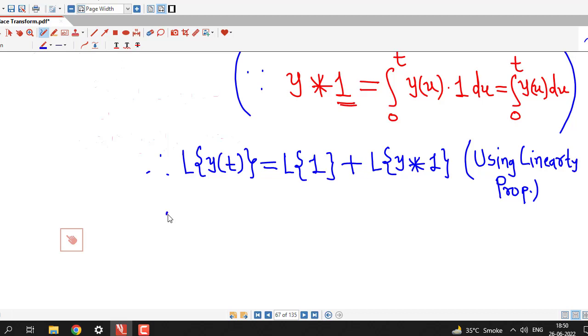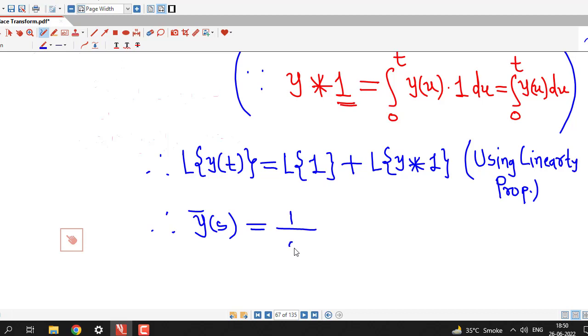And we denote Laplace transform of y by y bar s, because y is unknown function which we want to determine. We don't know what is y of t. Therefore we denote Laplace transform of y of t by y bar s.